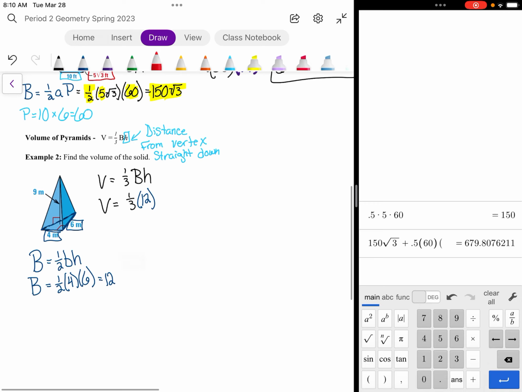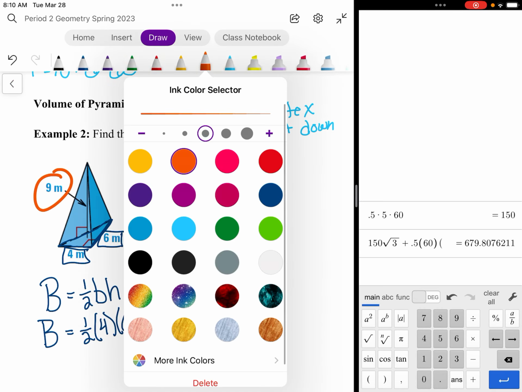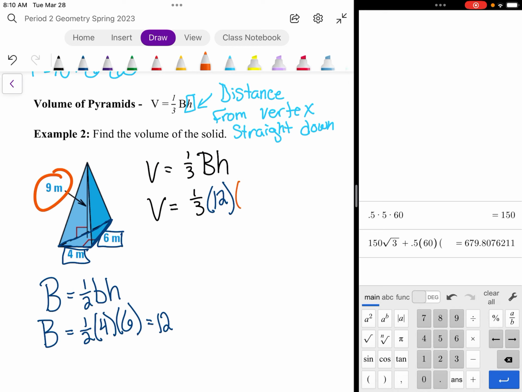So then if we go back, this one, they give us the height right in the picture. It is 9 meters. So we can just plug that right into our formula. And then that's the volume formula. Again, it's usually easier than before.